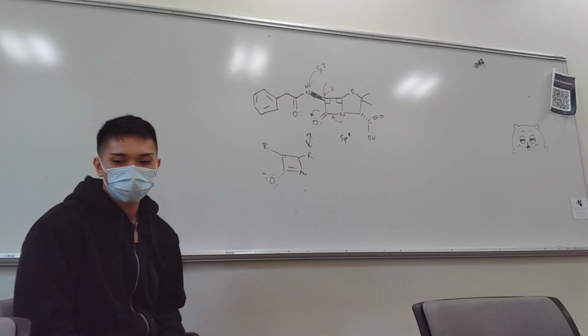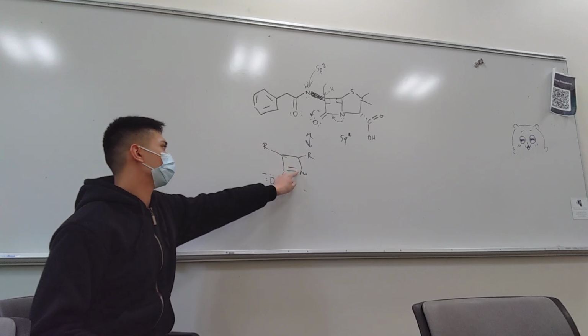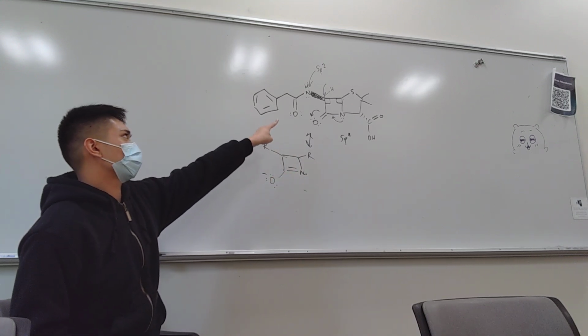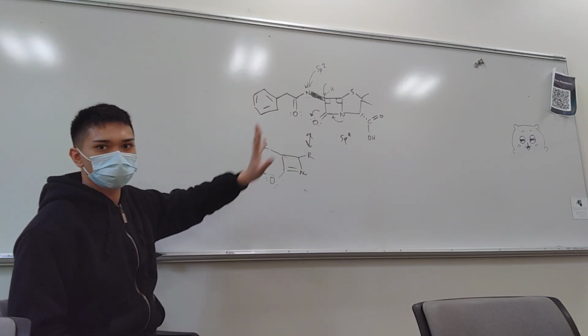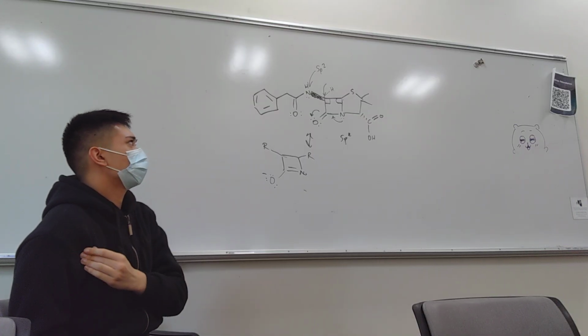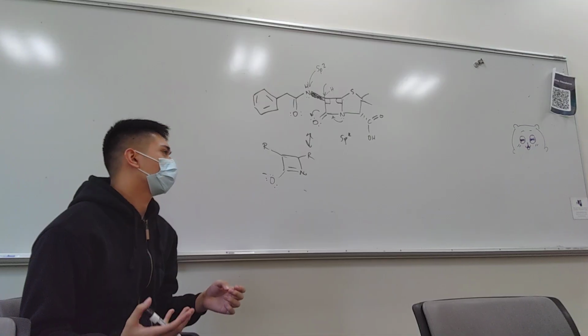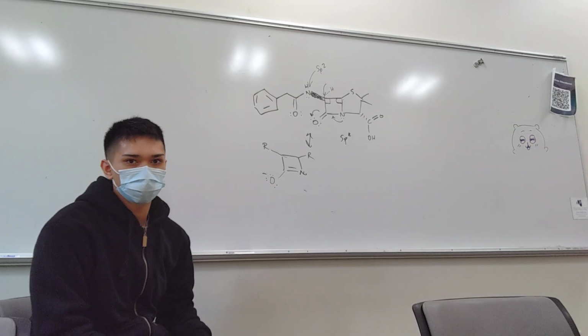And so really, to answer that question, what is the stability of the beta-lactam nitrogen, this one, versus that acyclic nitrogen, the one outside of the ring? The nitrogen, or the amide, outside of the ring is much more stable because it's not constricted by ring strain or bond angle strain.